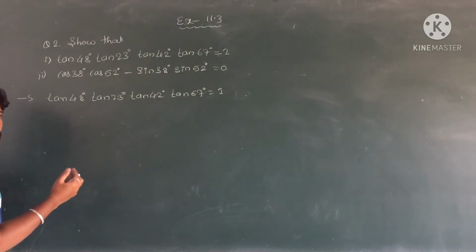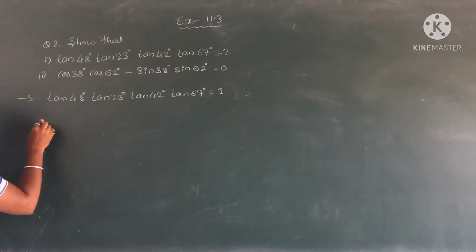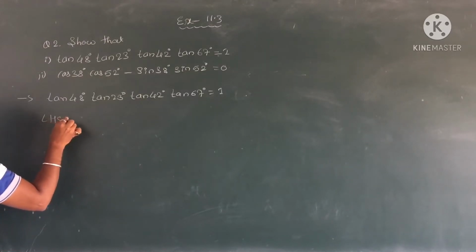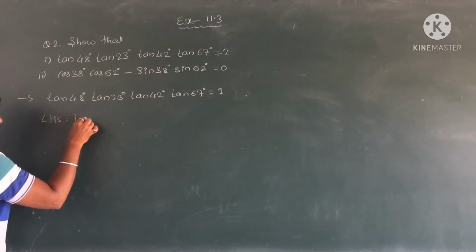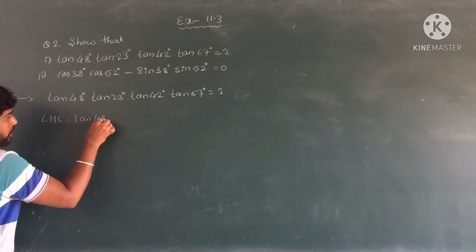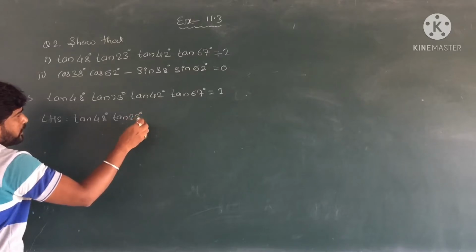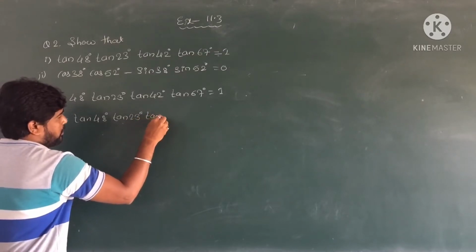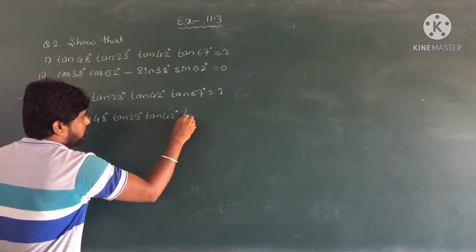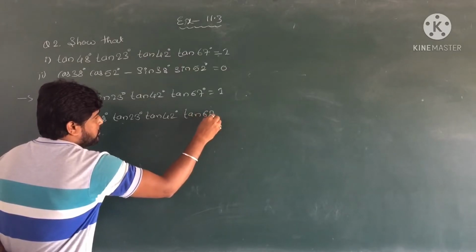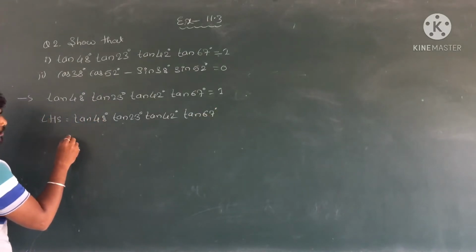So that means we want to show LHS is equal to RHS. So first write the LHS. What is that LHS? Tan 48 degrees, tan 23, tan 42, tan 67.